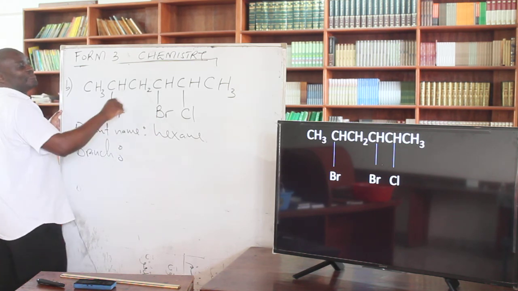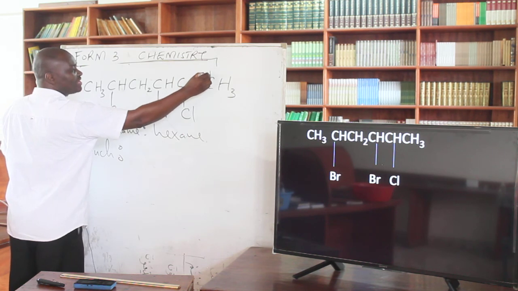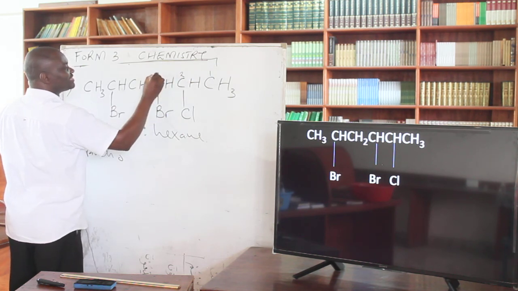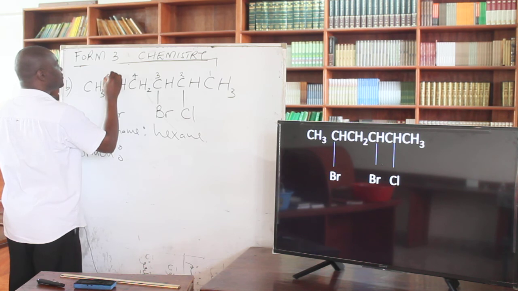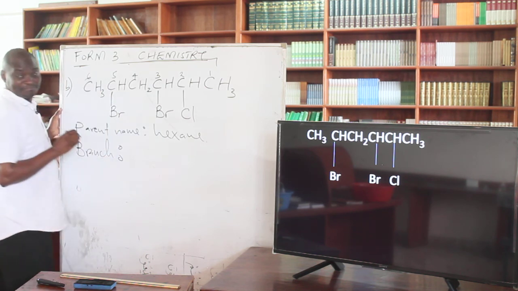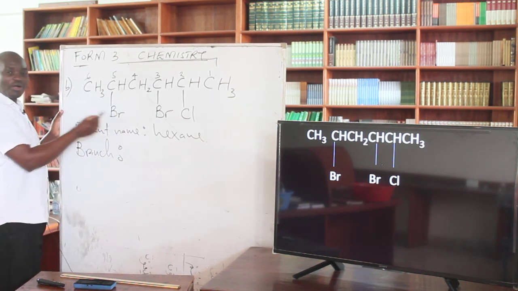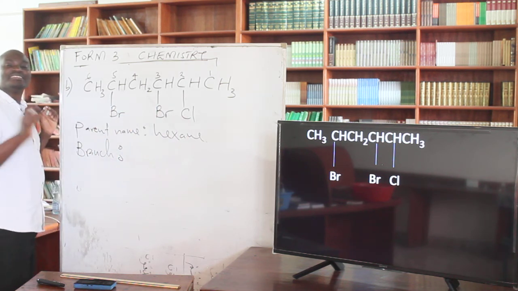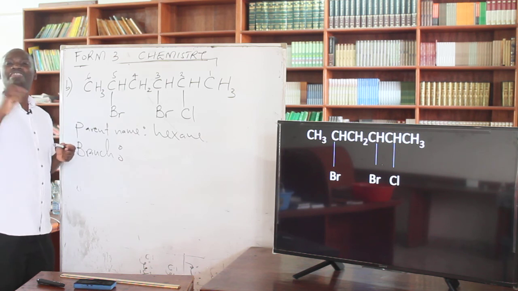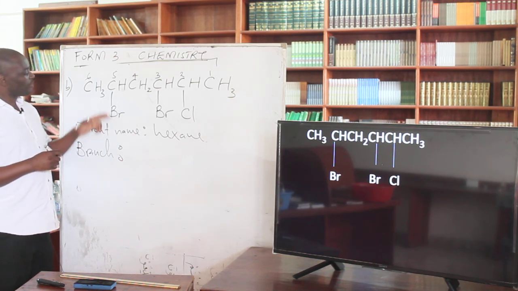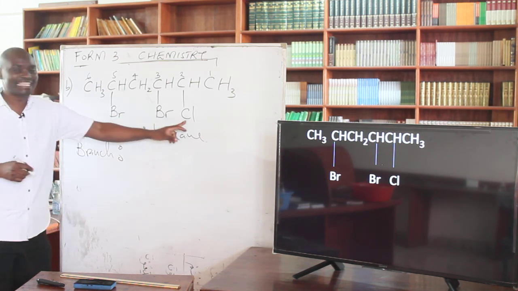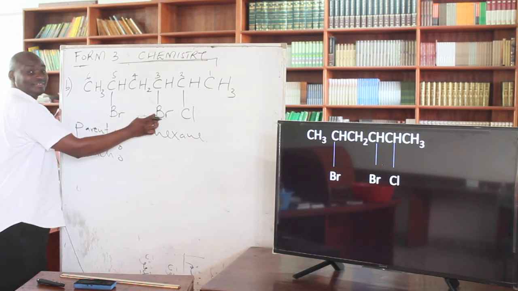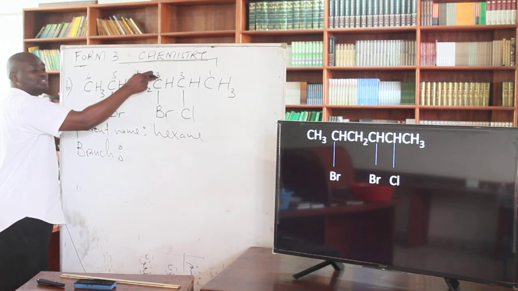So let us number from the other side. If you number from here, it will be 1, 2, 3, 4, 5, 6. So we have bromo, then chloro, bromo, bromo. These branches normally follow alphabetical order, so B will come before C. The first bromo, this one here, is at carbon number 2, 3.